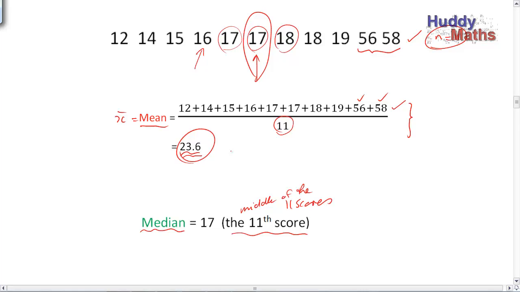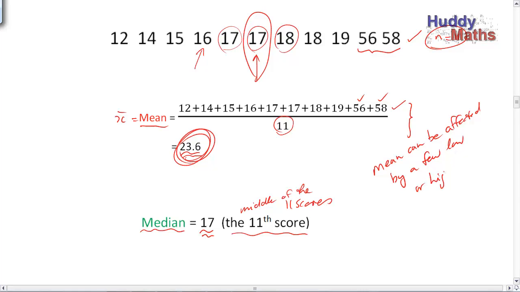You might like to quote to your parents, oh, on the average, me and my mates only play the game 17 times a week, rather than quote this. Can you see the idea that the mean can be distorted or affected by a few low or high scores?